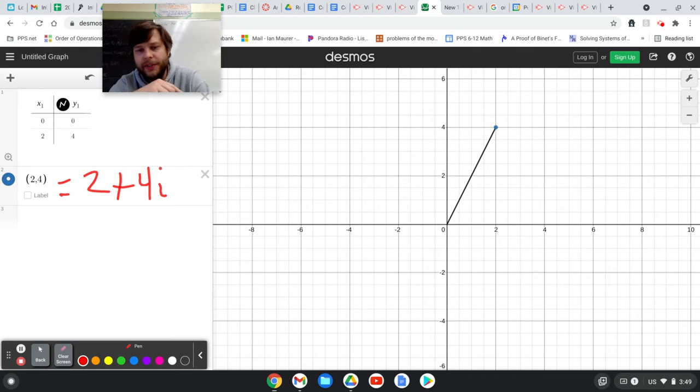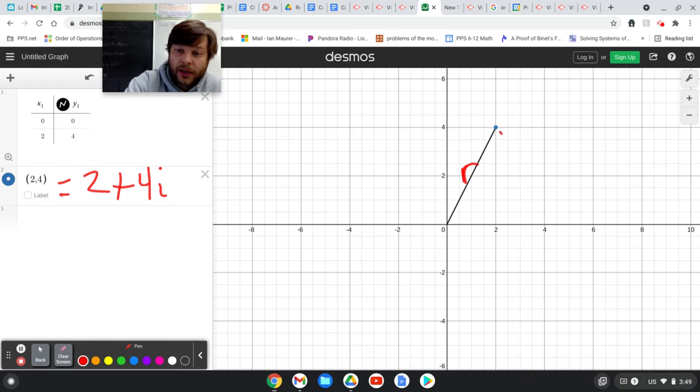The reason why I have this black segment there is to demonstrate the idea of r. r is the length of that segment right there. So when we talk about the polar form of a complex number, one thing we're talking about is just how far away from the origin is that number.